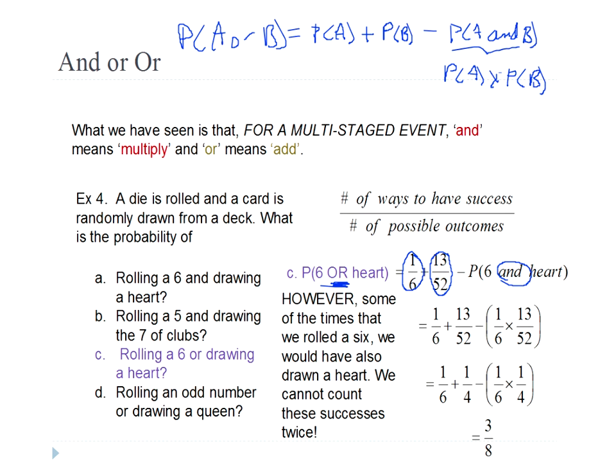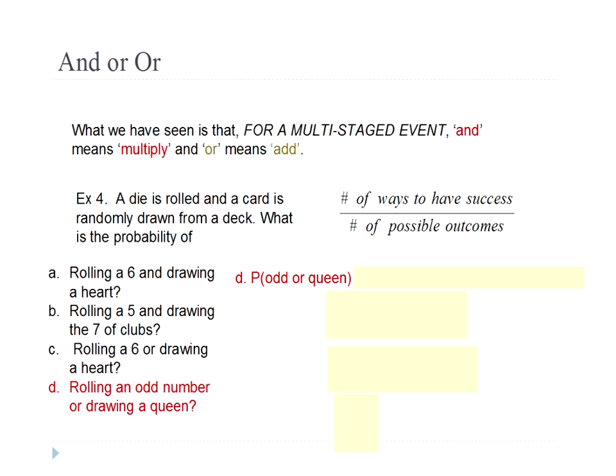So a similar question is the probability of rolling an odd number or drawing a queen. Okay, so I see the word or. I'm going to look to add those probabilities, but then I have to subtract the times where they both happened. So the probability of rolling an odd number is 1/2, 3 out of 6.